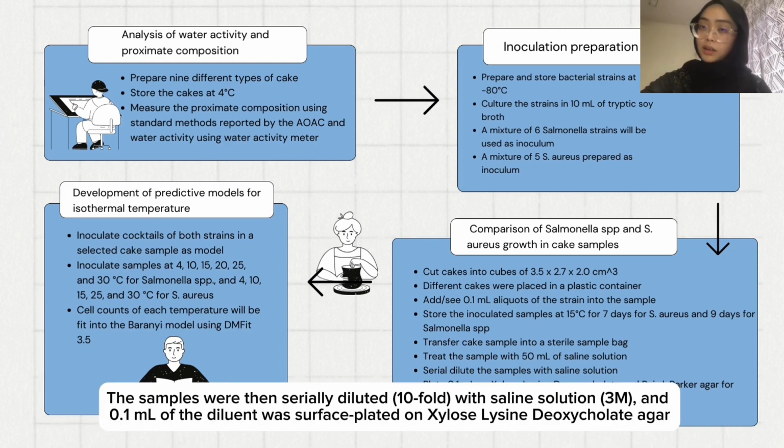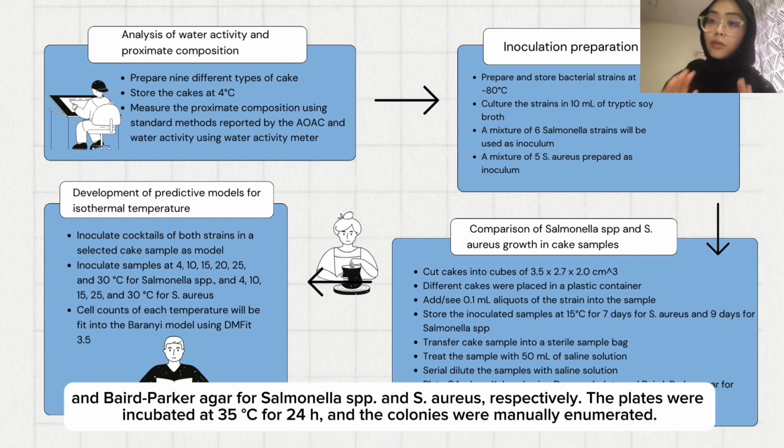The samples were then serially diluted with saline solution, and 0.1 ml of the dilution was surface plated on xylose lysine deoxycholate agar and Baird-Parker agar for Salmonella species and S. aureus respectively. The plates were then incubated at 35 Celsius for 24 hours, and the colonies were manually enumerated.